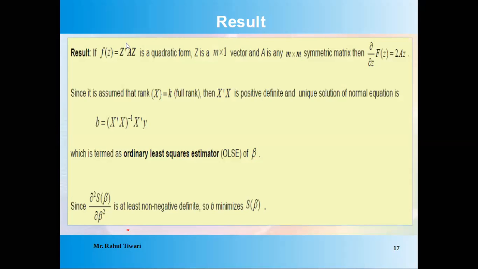So if you have this quadratic form with this order, then if I differentiate this f of z, a quadratic form, with respect to z, it gives the result 2 times az.